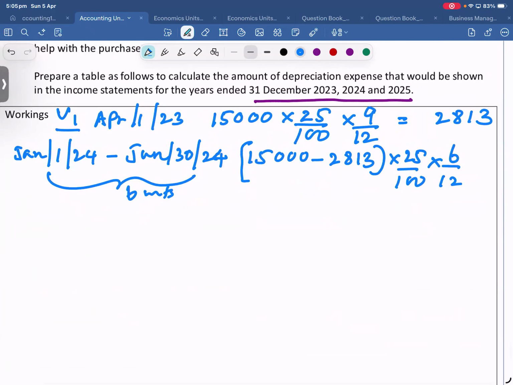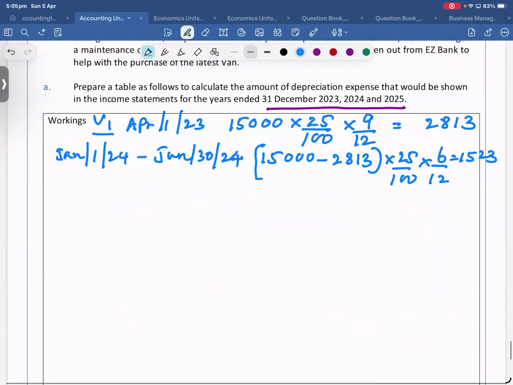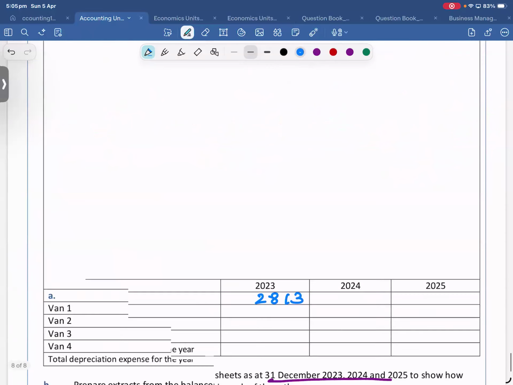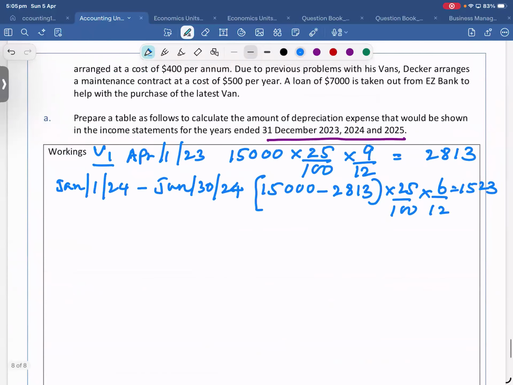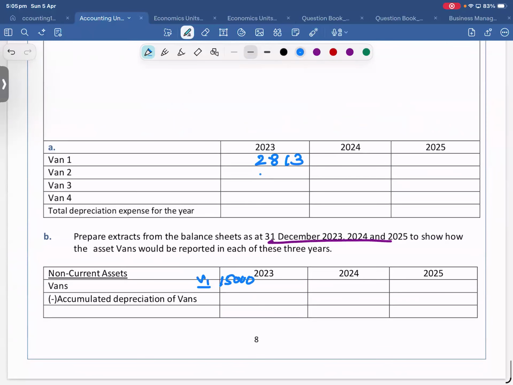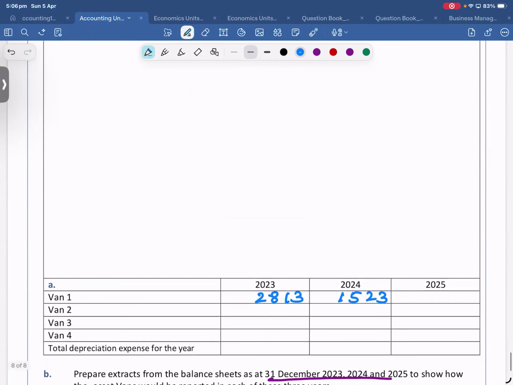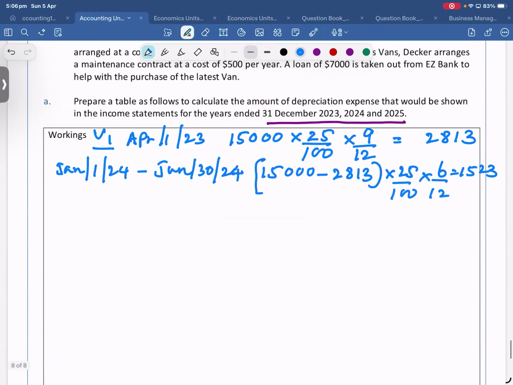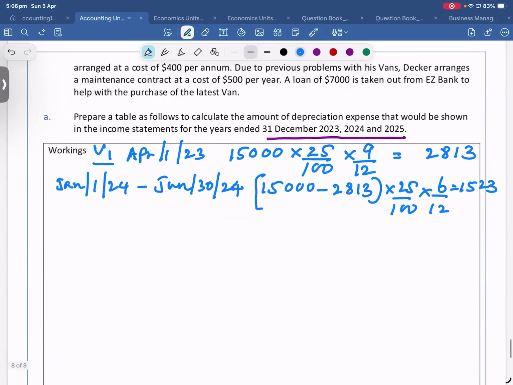That's going to be the expense for 24. That means we are done with van one. We don't have to worry about van one again. Now let's start with van two.